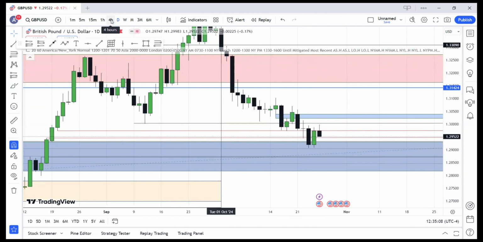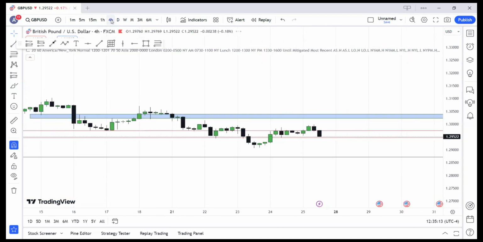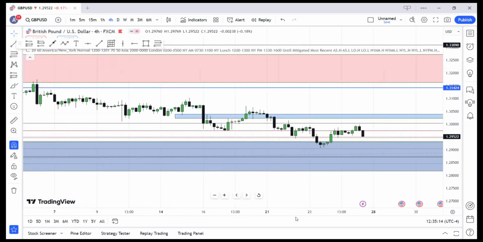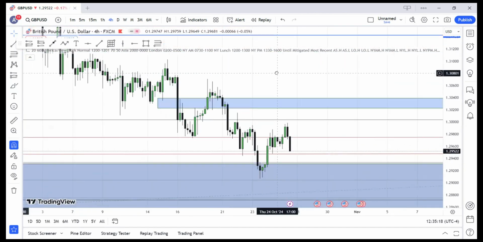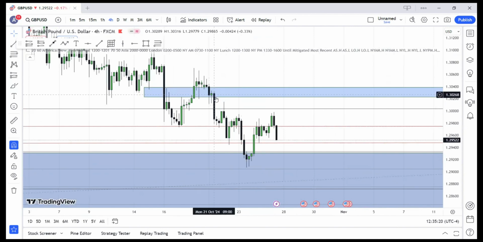Let's quickly go into the 4 hour and see what price is actually doing. So as you can see, we came down into that fair value gap. We broke that resistance area, because that I would consider as resistance. We broke through that, came back down into this support area.